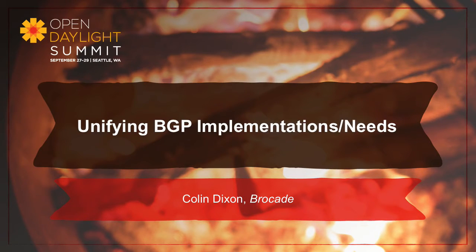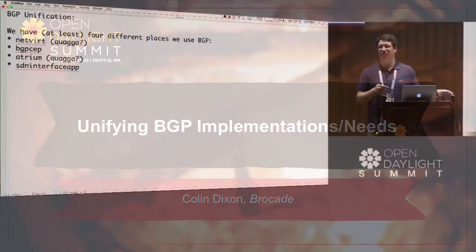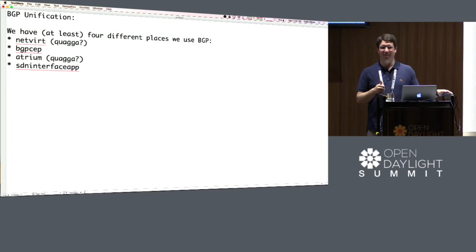So I guess this topic, Brian actually originally asked a question that prompted me to put this here, which is basically: you have 4 different projects, Brian knew of 2, that either consume or produce BGP implementations, and none of them do it together.